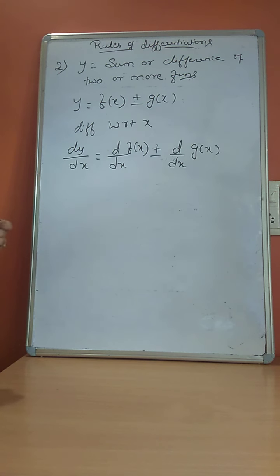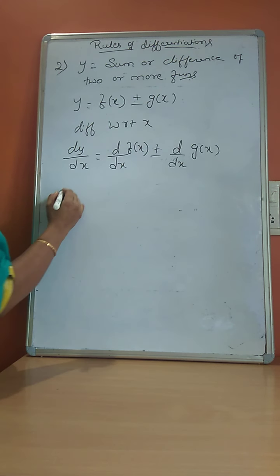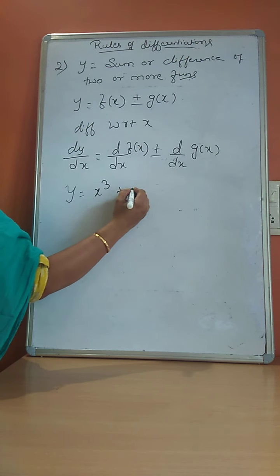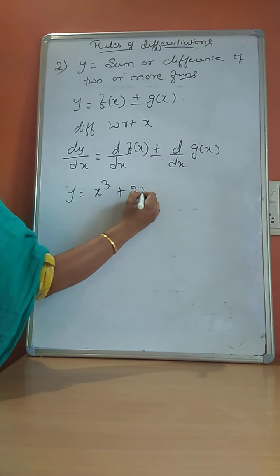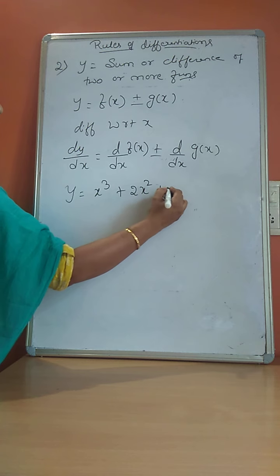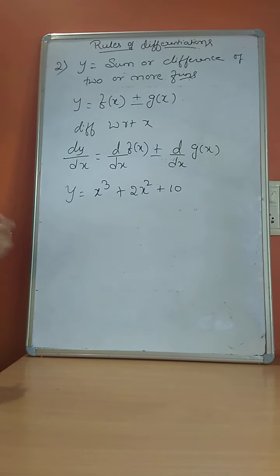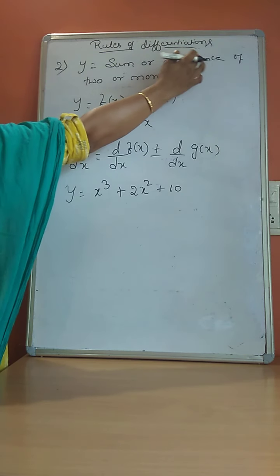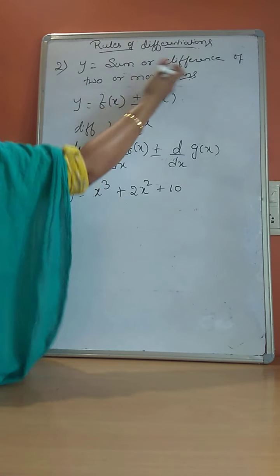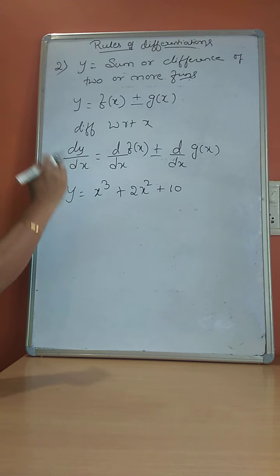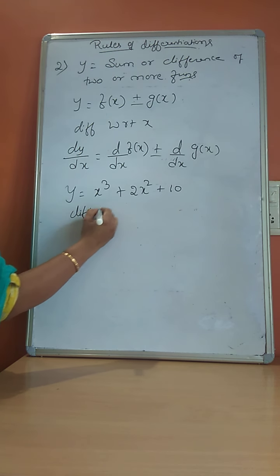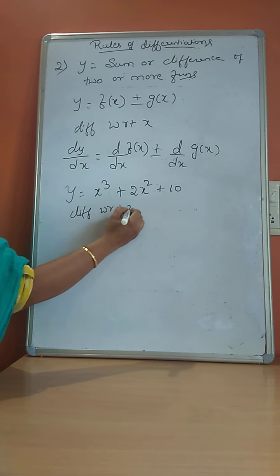For example, y is equal to x cube plus 2x square plus 10, a sum of two or more functions. Differentiate with respect to x.